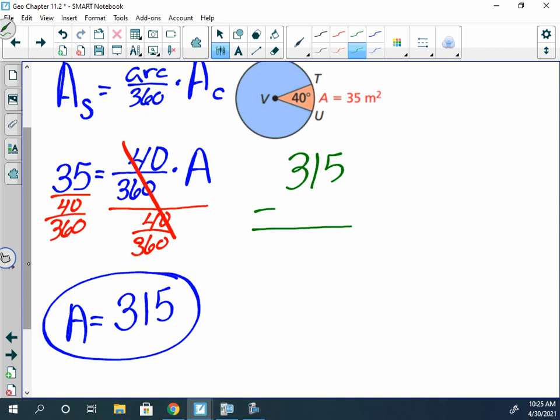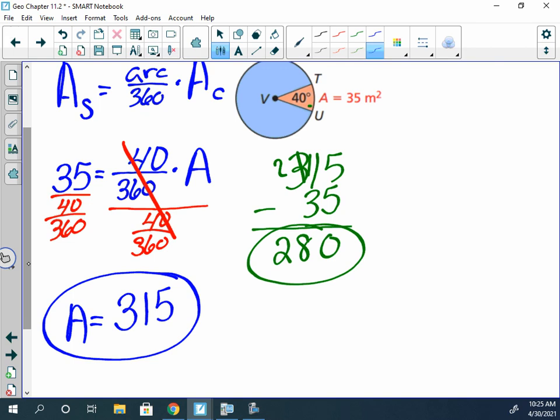I would subtract. You just have to subtract one thing. Because the area of the one part is 35. The area of the red sector and the blue sector add together to be the whole. If I know the area of the red sector is 35, I can subtract it from the whole, 315. So the area of the blue sector is 280.